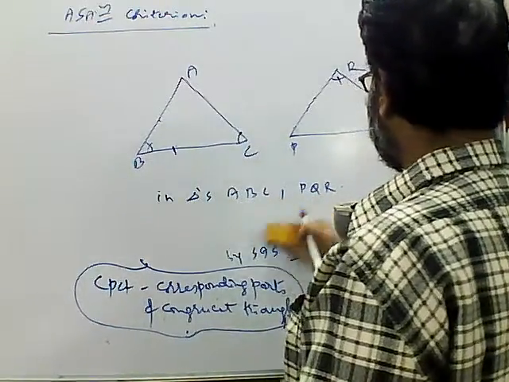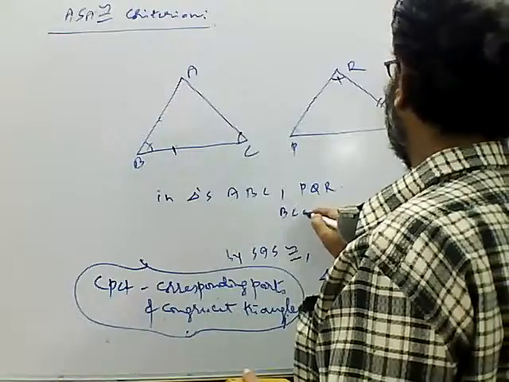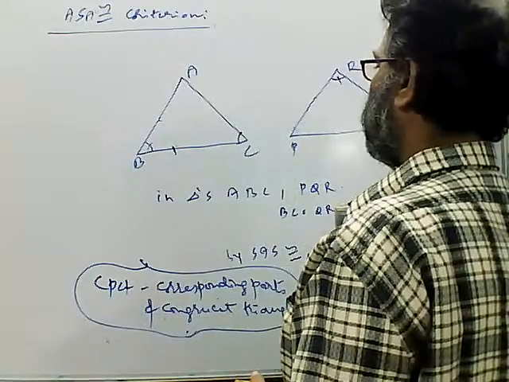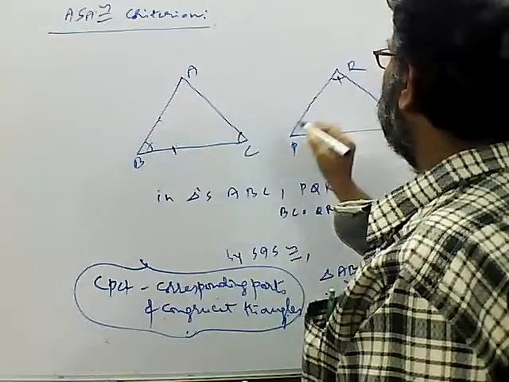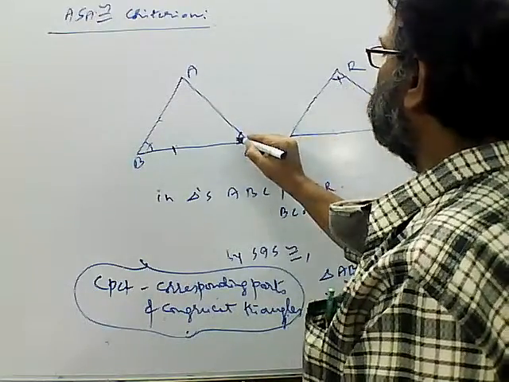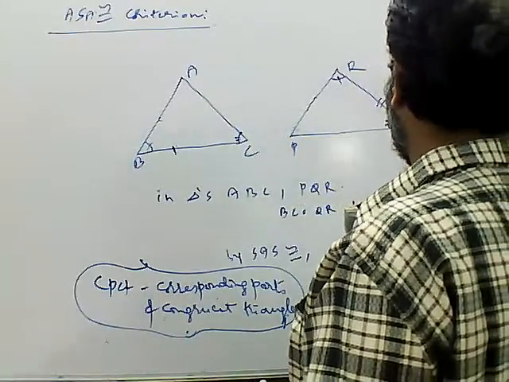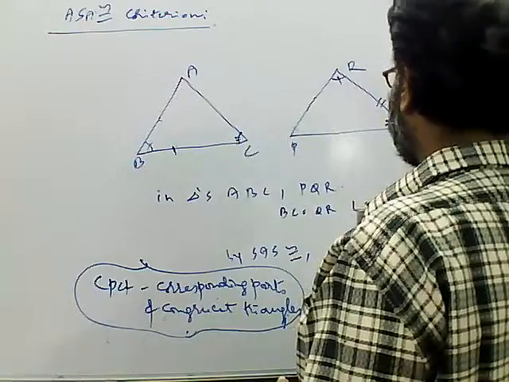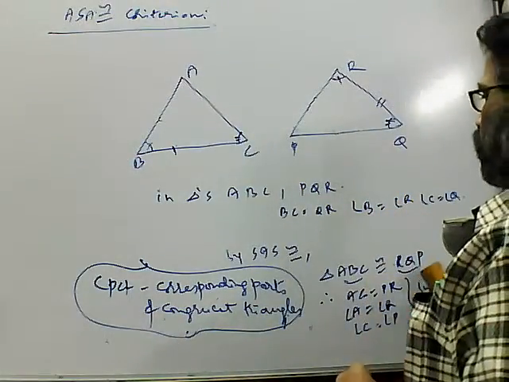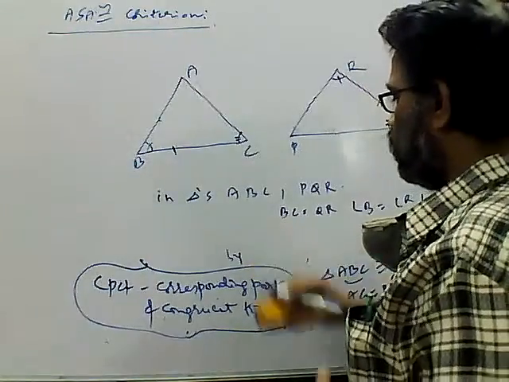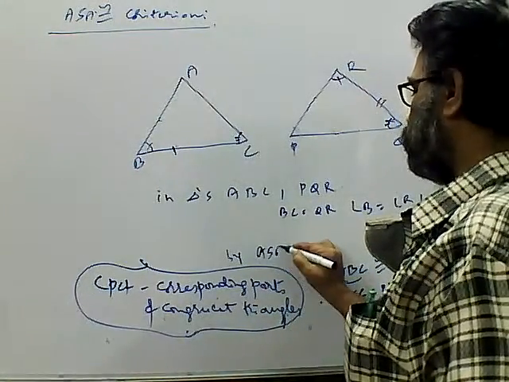BC is equal to QR, angle B is equal to angle R, angle C is equal to angle Q. So I have marked the same symbols. Now by what criteria do you have to take? ASA criteria.